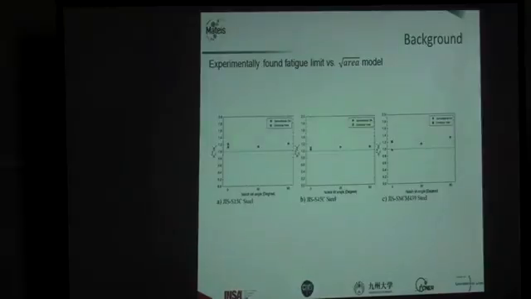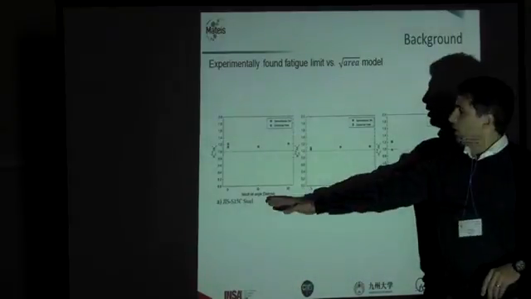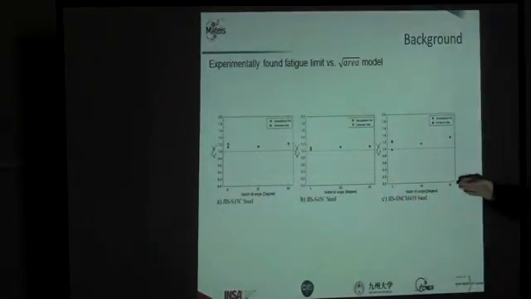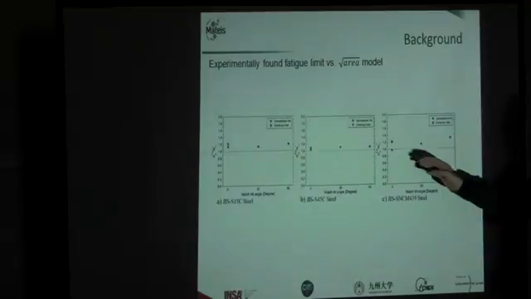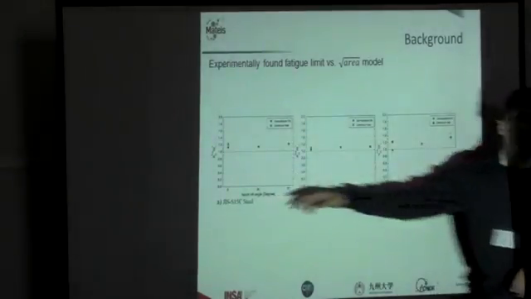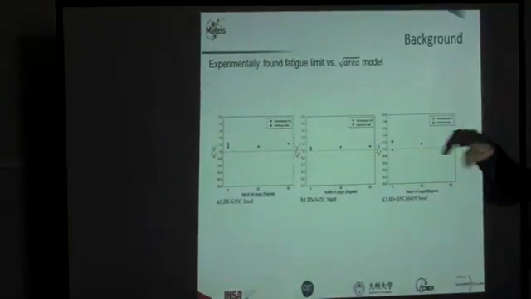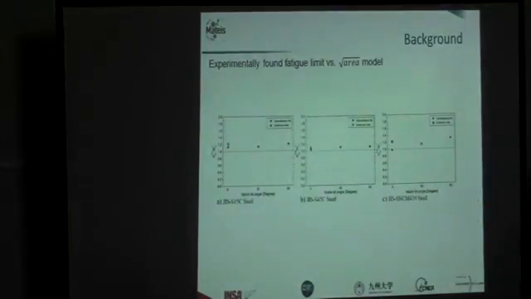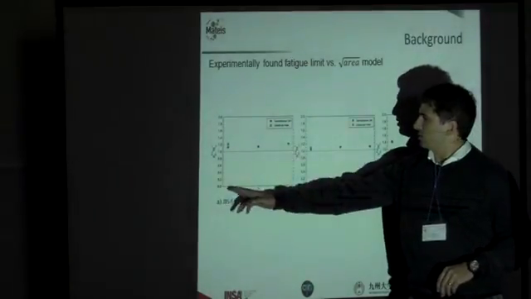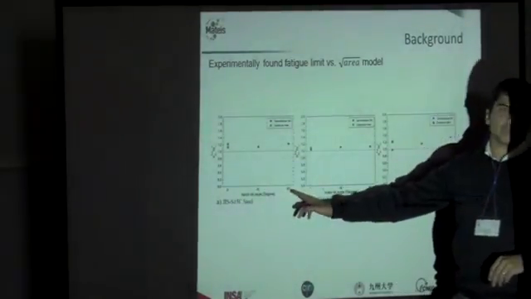This is a resume of those results. This is the low carbon steel, medium carbon steel, and low alloy steel. Here we plot the fatigue limit divided by the prediction of Murakami's model, for 0 degrees, 30 degrees, and 60 degrees.